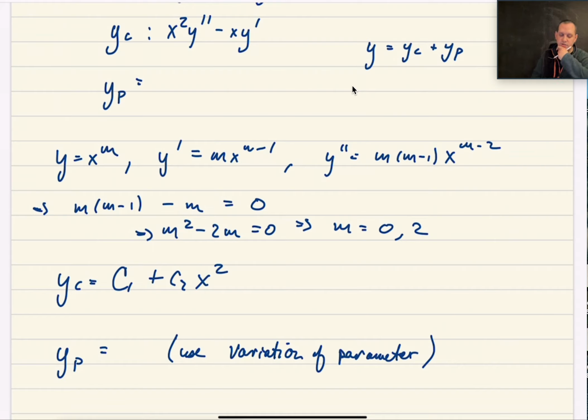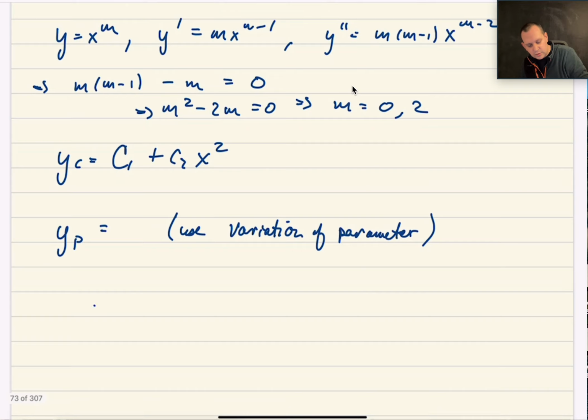Then you can find the particular solution that way. If you do that, that will let you find the particular solution, and then once you have that, your general solution will be the sum of the complementary and the particular solution.